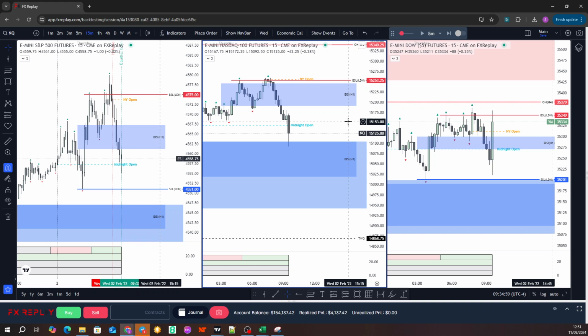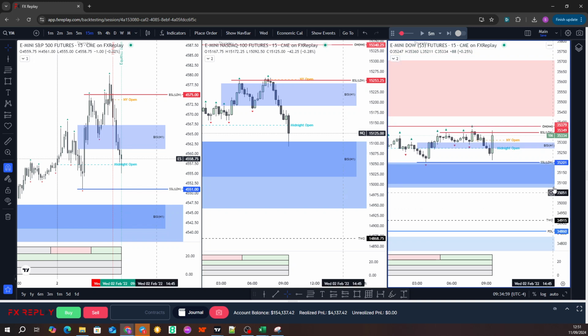So currently we've got a bit of a decoupling in the market. ES and NQ repricing lower, YM wanting to reprice higher. This is really low probability stuff right now. Let's have a look.